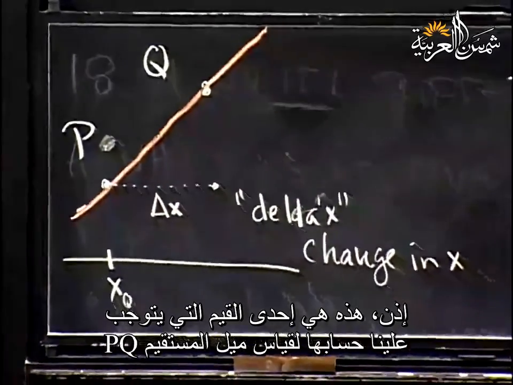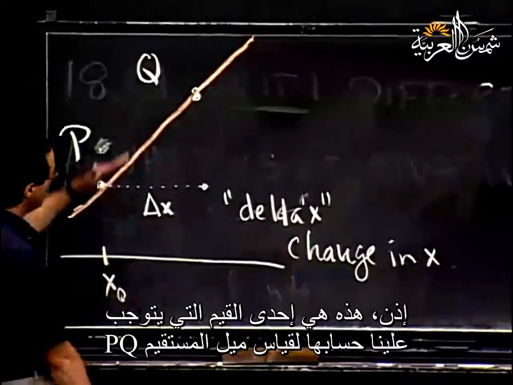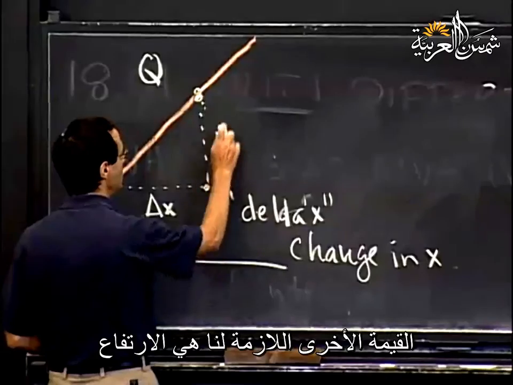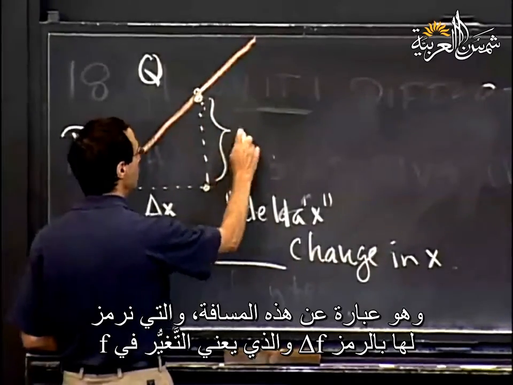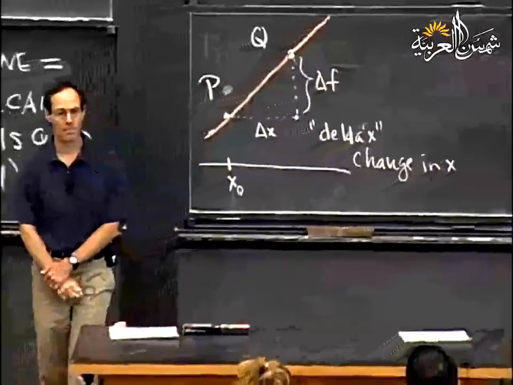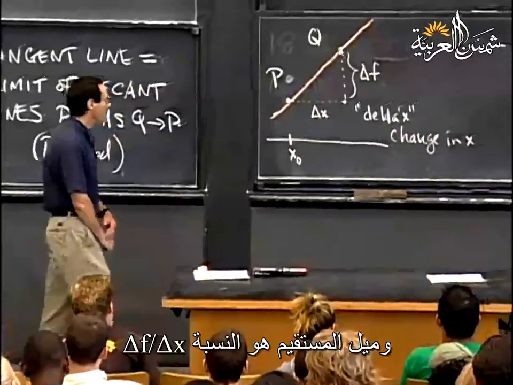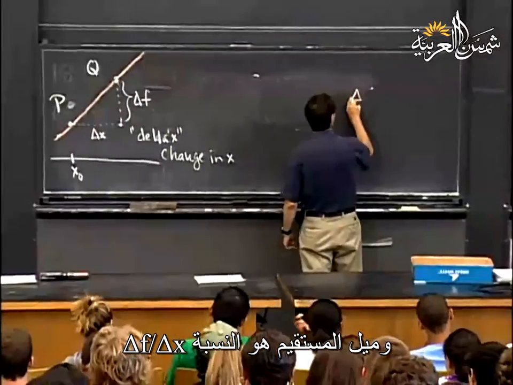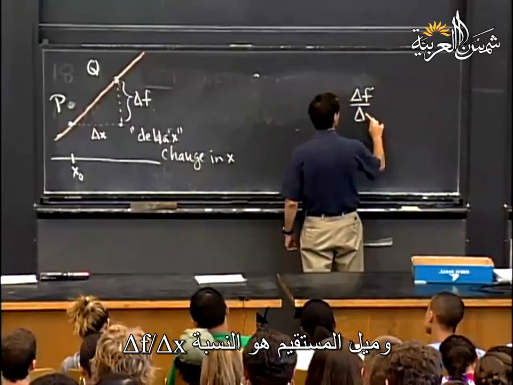That's one thing we want to measure in order to get the slope of this line PQ. And the other thing is its height. That's this distance here, which we denote delta f, the change in f.